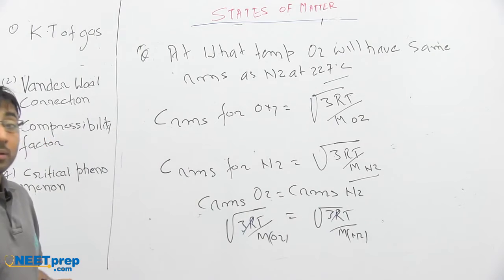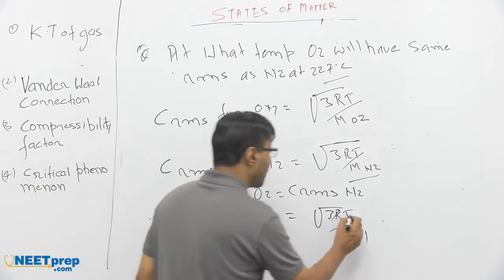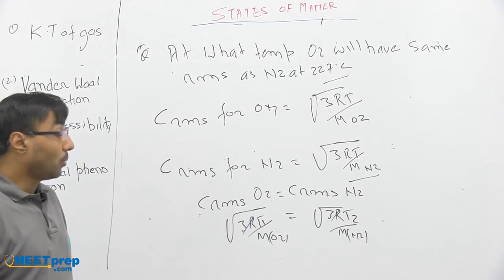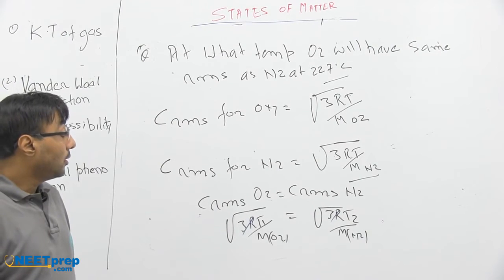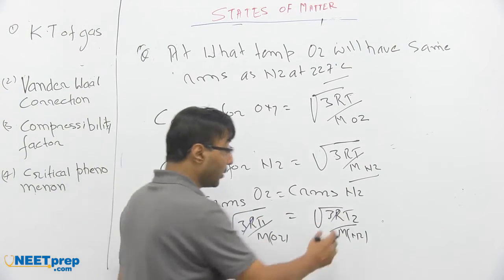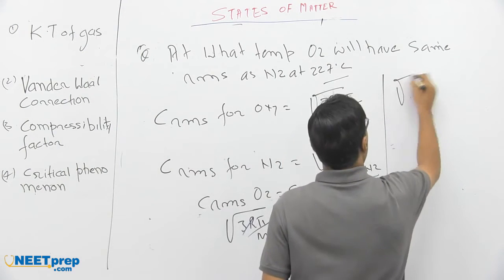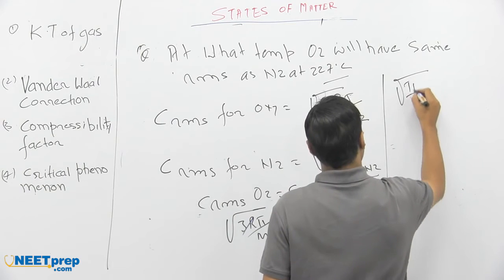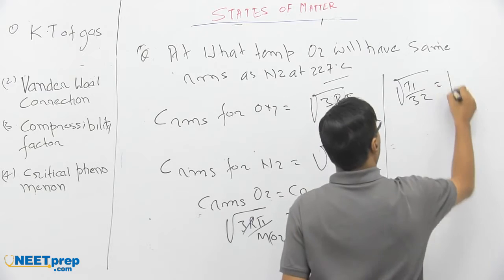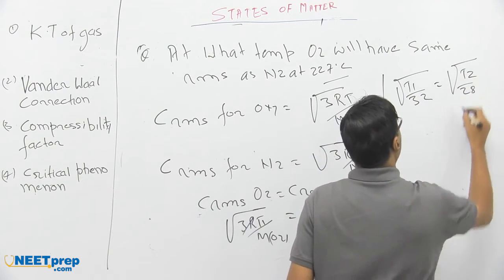This one is T1, this one is T2. We need to find the temperature from the oxygen side. Put the values: under root T1 by 32 is equal to under root T2 by 28.